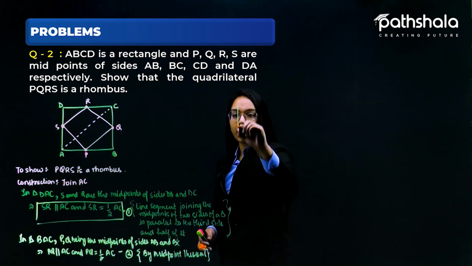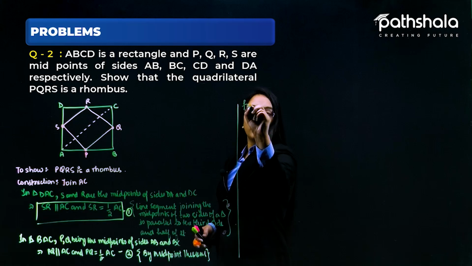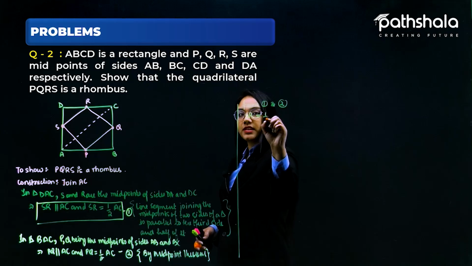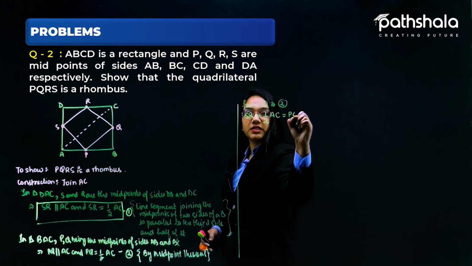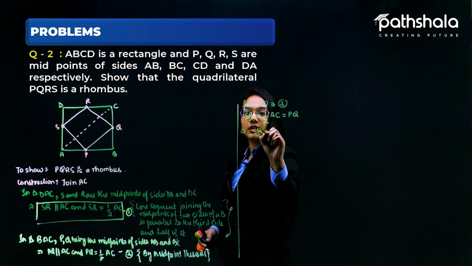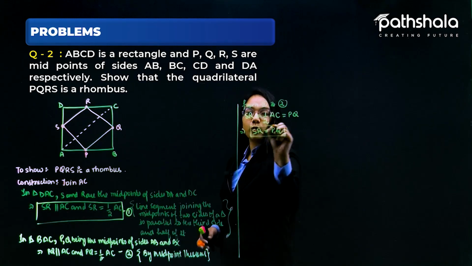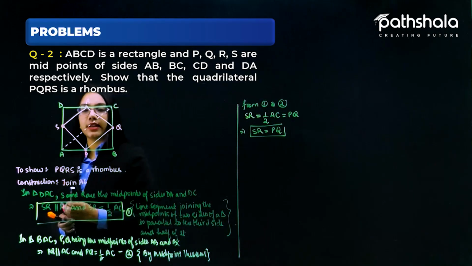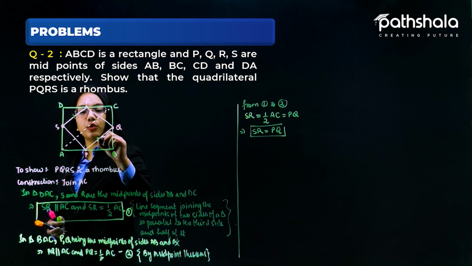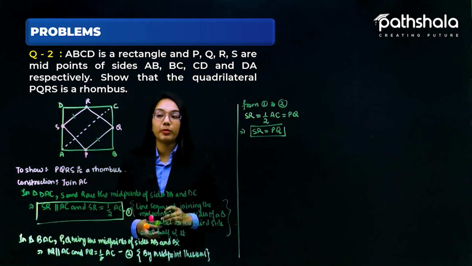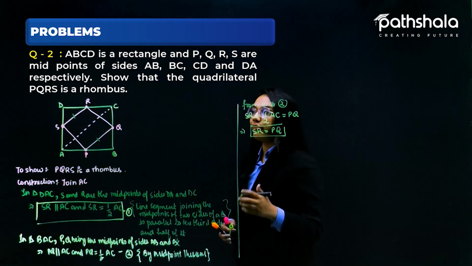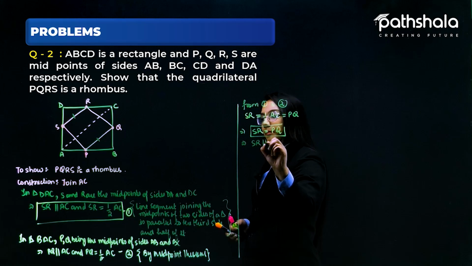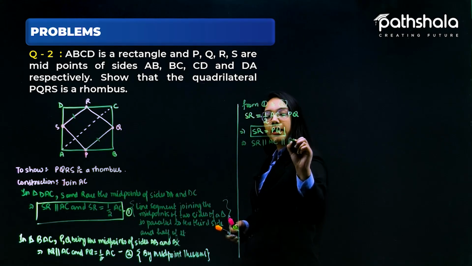So what can we say from 1 and 2? From 1 and 2 we can say that SR is equal to half of AC, which is equal to PQ, which implies SR is equal to PQ. Furthermore, SR is parallel to AC and PQ is also parallel to AC.